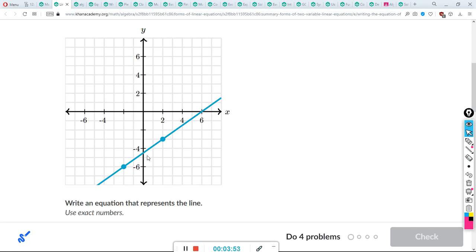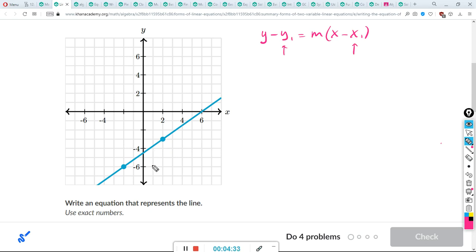Alright, now for this one here, we don't really have the y-intercept. They didn't give us an exact point. It looks like negative 4.5 to me, but I don't want to take my chances. So I'm going to use point slope form. Remember, for point slope form, you're plugging in the x coordinate and the y coordinate. That's just one point that you're plugging in.